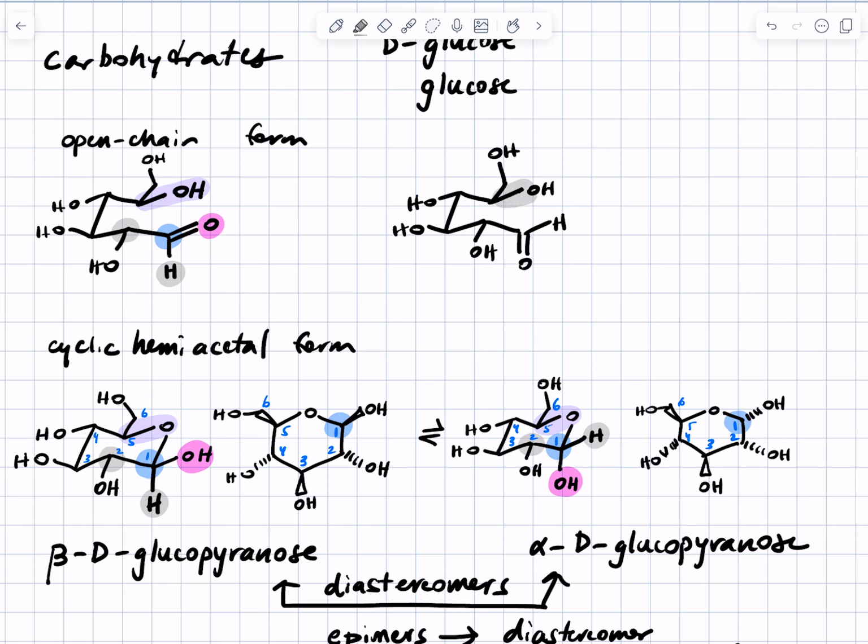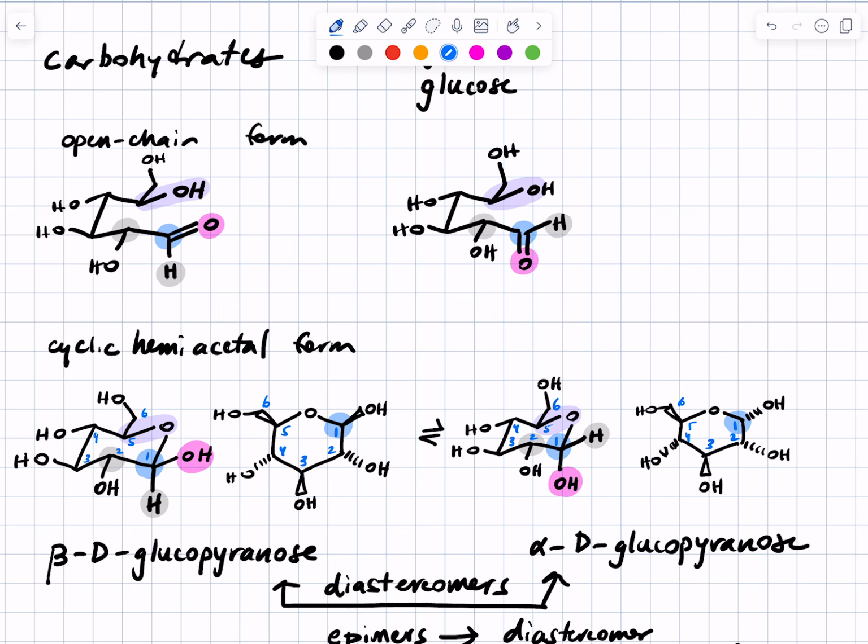That is, if I rotate around the bond between carbon 1 and carbon 2, I can swing the aldehyde oxygen either sort of pointing downward or angled upward.